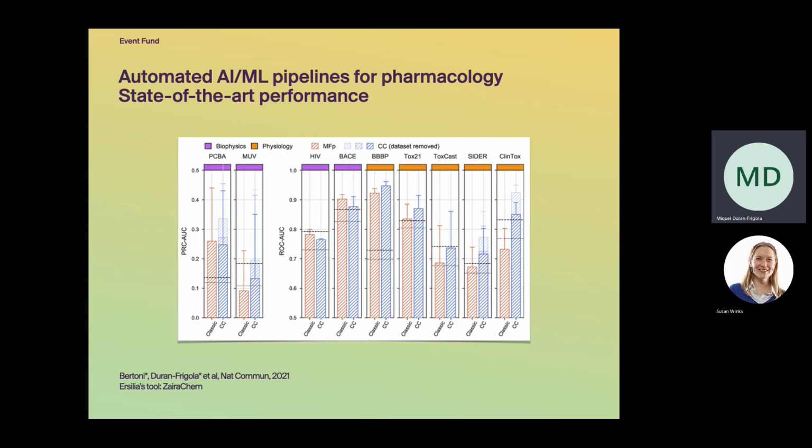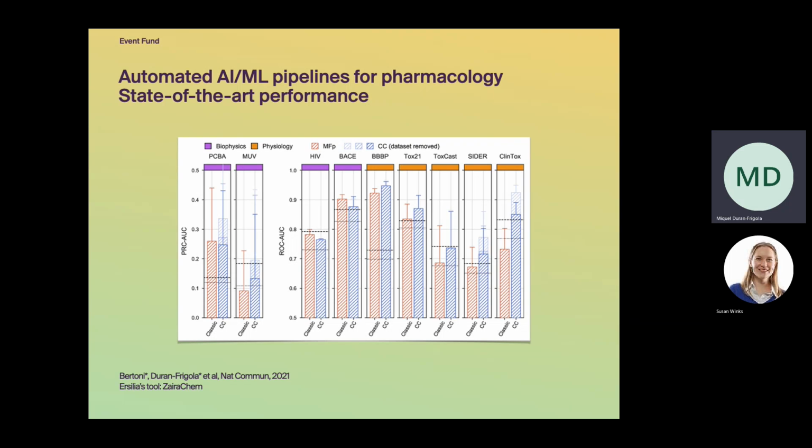And some tasks are more physiological, like clinical toxicity, side effects, etc. And as you can see here in blue, it's a method based on the chemical checker signatures that I was describing. Most of the times, if not always, the chemical checker gives us better predictive performance.